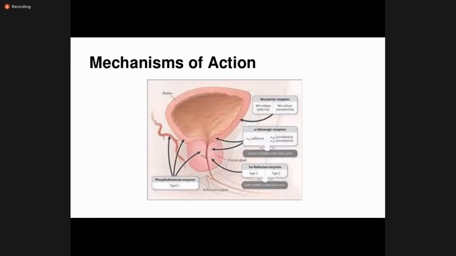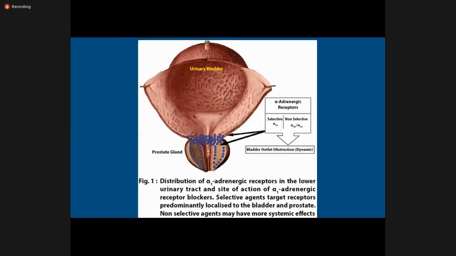There are so many receptors inside the bladder, the bladder neck and the prostatic area. The alpha receptors are mostly present at the bladder neck and at the prostatic area. And the muscarinic receptors are present in the bladder overall. So this is the main bluish dot you must be seeing over there. These indicate the alpha receptors.